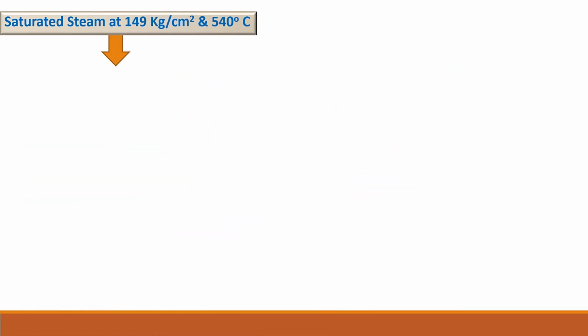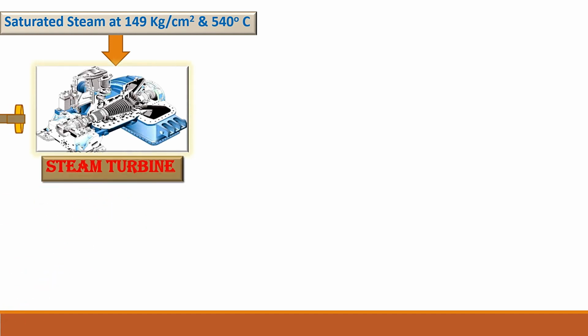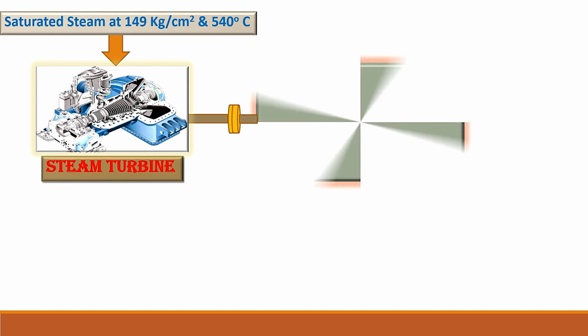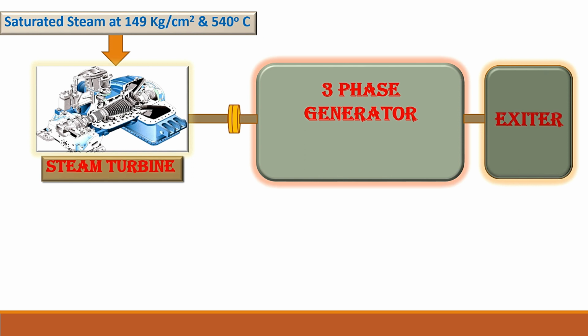From the boiler, saturated steam at about 149 kg per centimeter square pressure and 540 degree centigrade temperature enters into the turbine and rotates the turbine at 3000 rpm. With the turbine shaft, a 3-phase generator is coupled and an exciter is also coupled with the generator shaft.